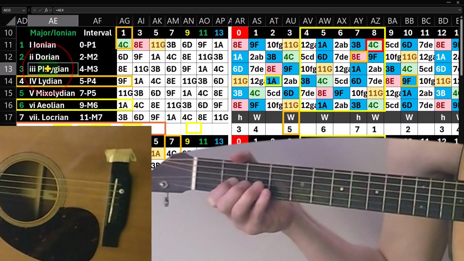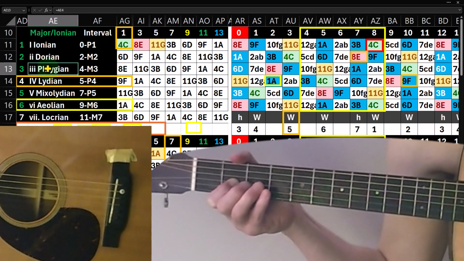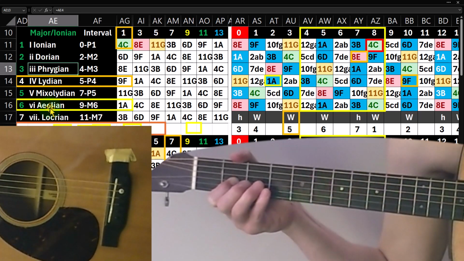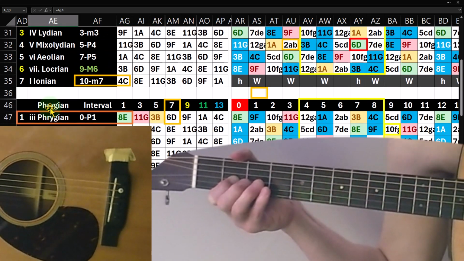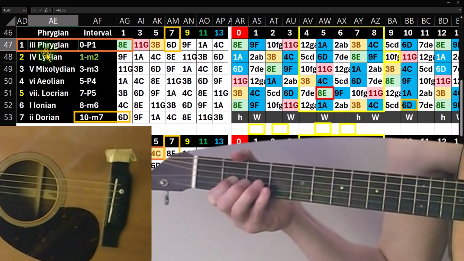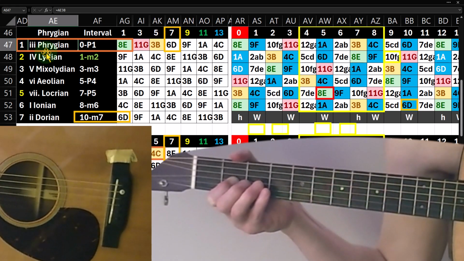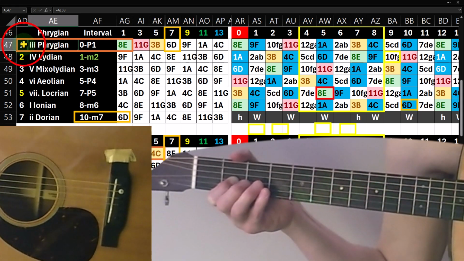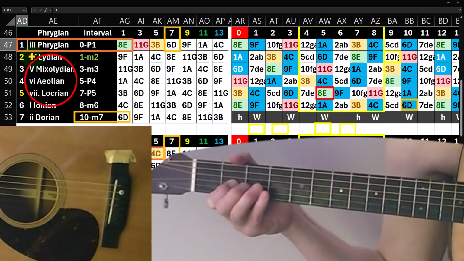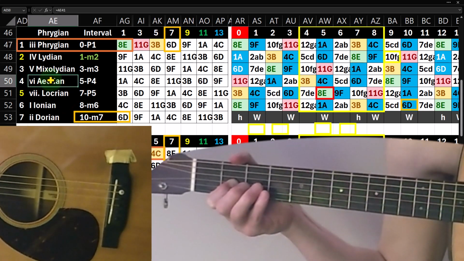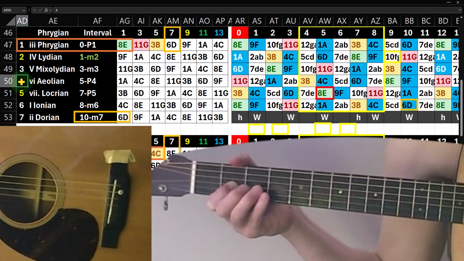So it would be the 1 of the Phrygian to the 4 of the Phrygian. In other words, if I switched to the Phrygian and said, okay, now the absolute mode number 3, Phrygian, is relative position 1, then the absolute mode number 6, Aeolian, the A, is now relative position 4.